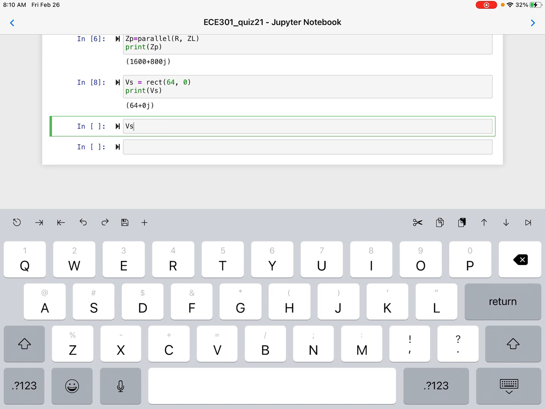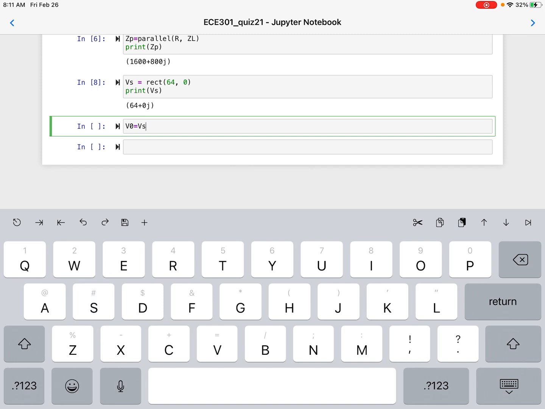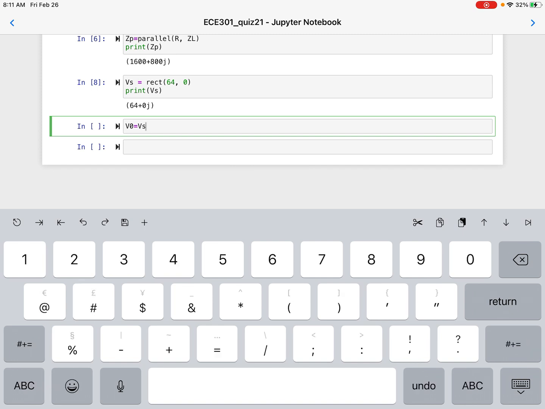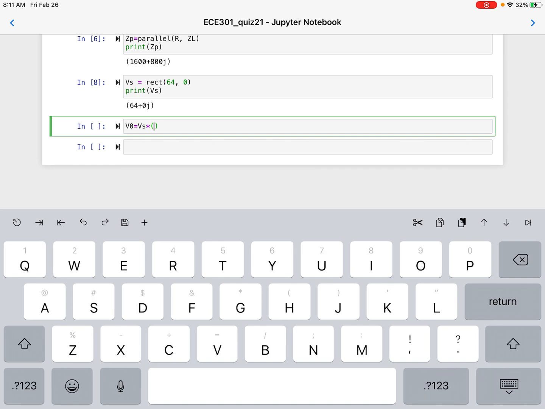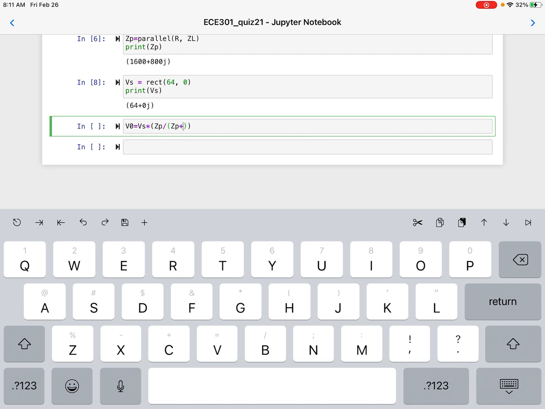And then my V0 is going to equal Vs times Zp divided by Zp plus, and then I have my capacitance, right?